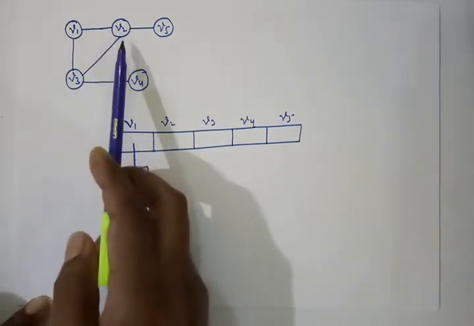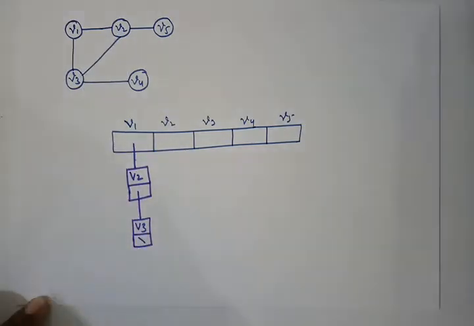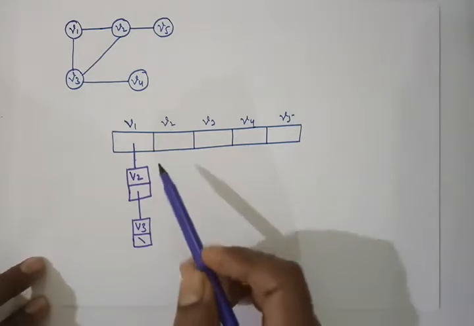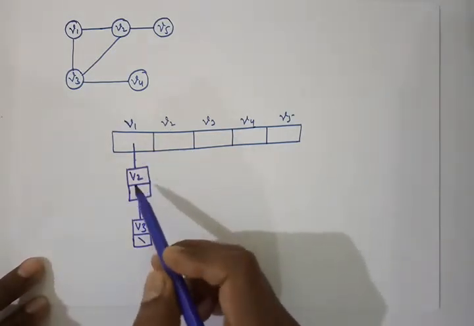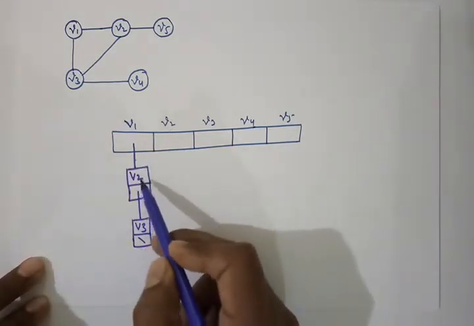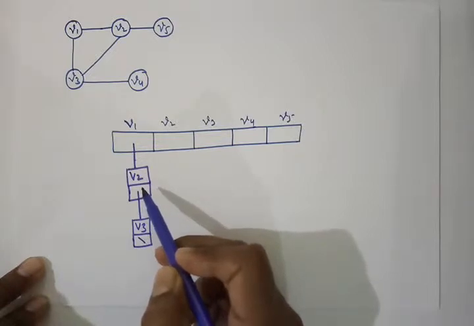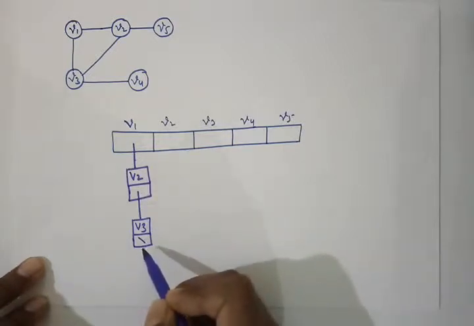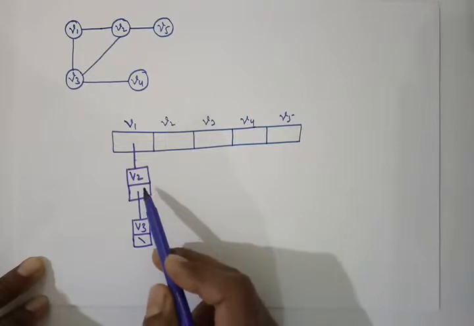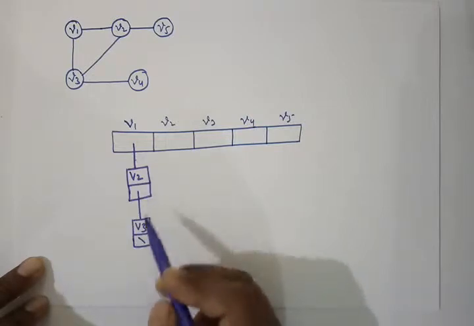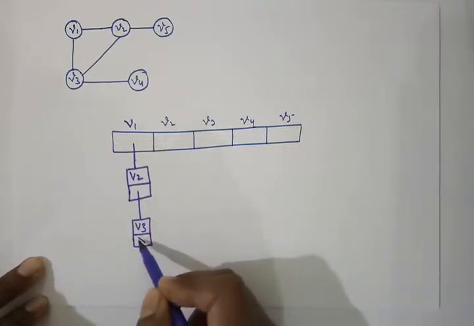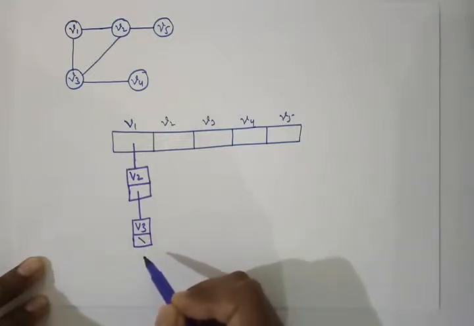So V2 and V3 are immediate neighbors of V1. We can take any one first. Here I am taking from V1, we are moving to V2 and then V3, and we represent it by these boxes. Now in the last box we put a null sign. It's a null pointer, meaning we can go nowhere from here.